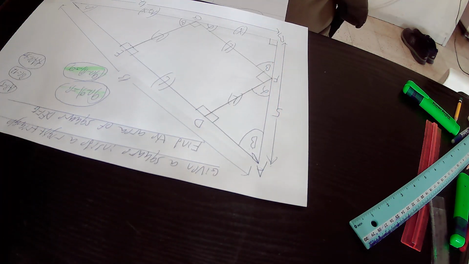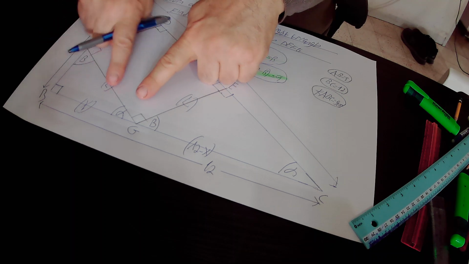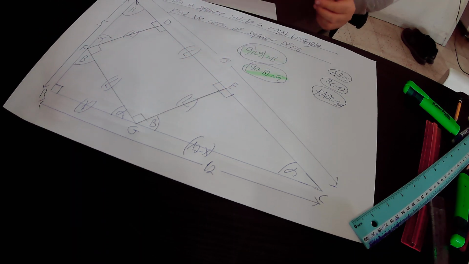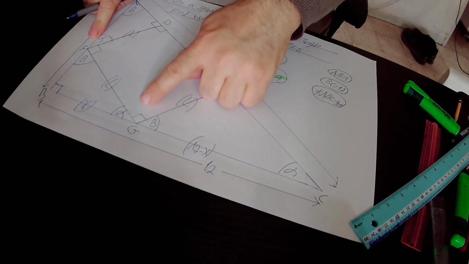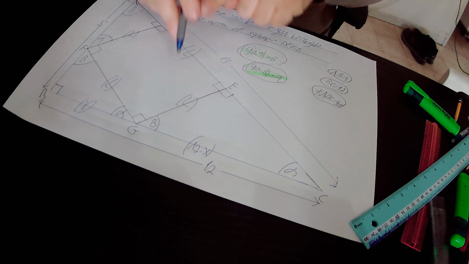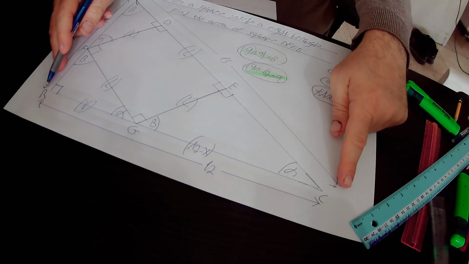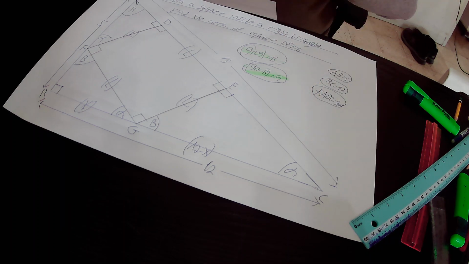So BG equals x, over FG. FG equals L. And it is equal to BC, which equals 12 according to what is given, over AC.